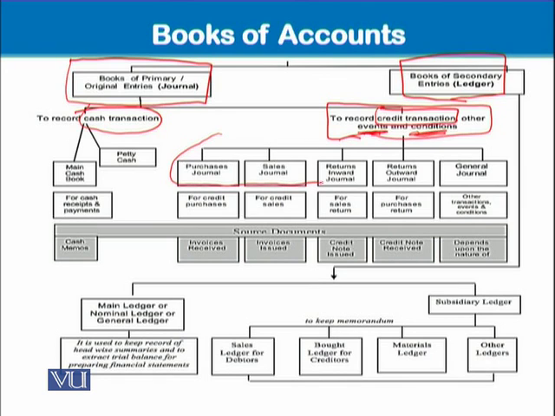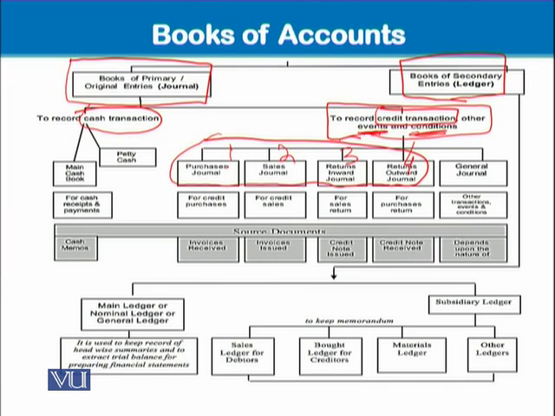The subdivision of journal for credit transactions is purchase journal, sales journal, sales return journal, and purchase return journal. All these four books are prepared for credit transactions only. A detailed discussion would be undertaken in the upcoming modules, but for this module, just keep in mind that if there is a cash transaction or goods purchased for cash, those will be treated in the main cash book.